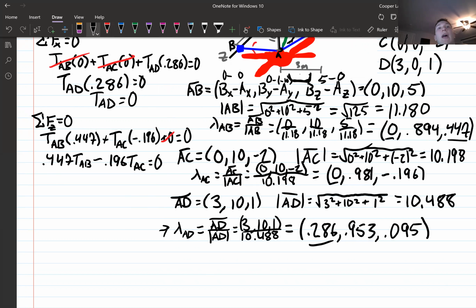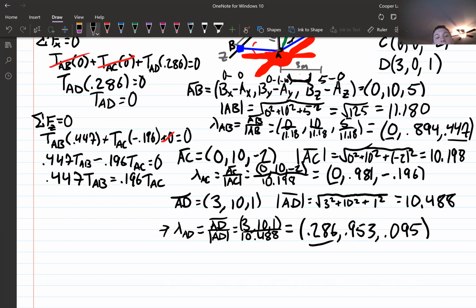So now I'm going to add to the other side, and because I'm trying to solve for TAC, I'm going to try to make my f of y all in terms of TAC. That way it's my only unknown, and I'll have my answer immediately after. So when I do this, I'm going to solve for my TAB value, which means I'm going to do 0.447 TAB, because I can add the negative over, which makes it positive, to 0.196 TAC.